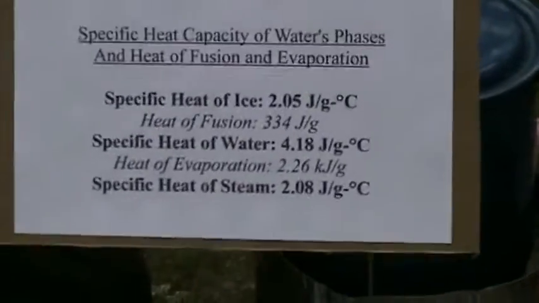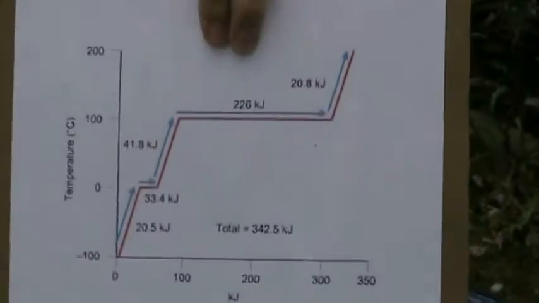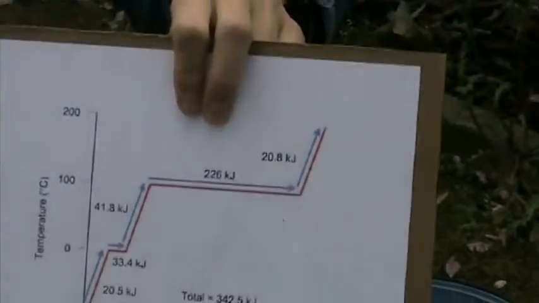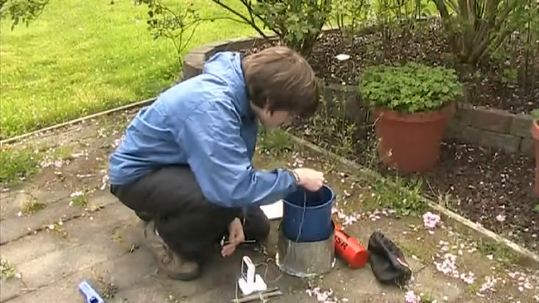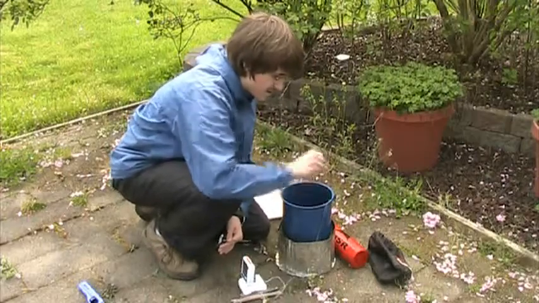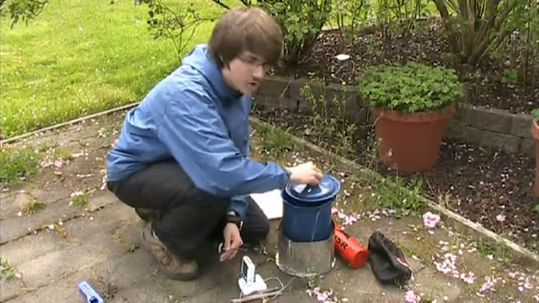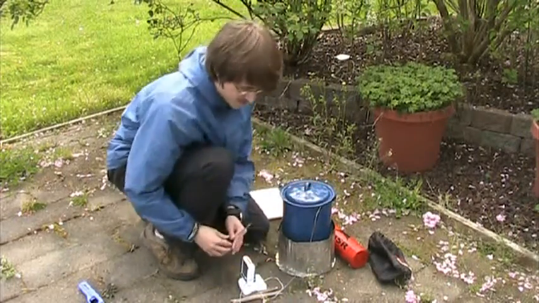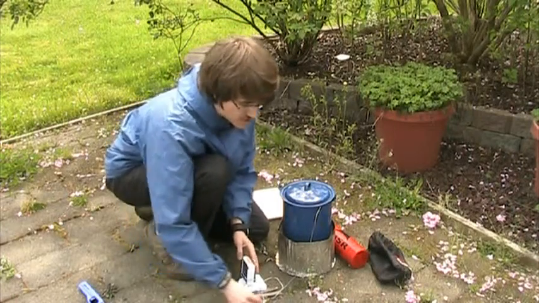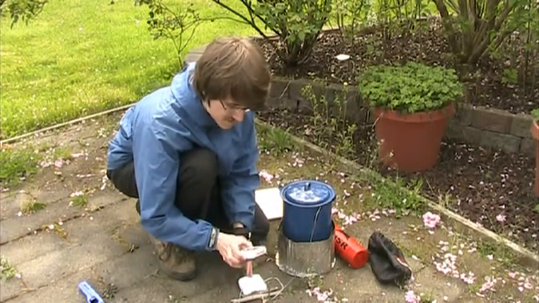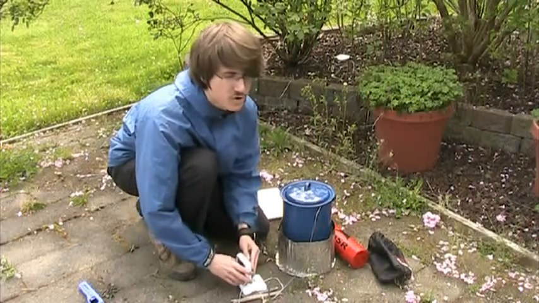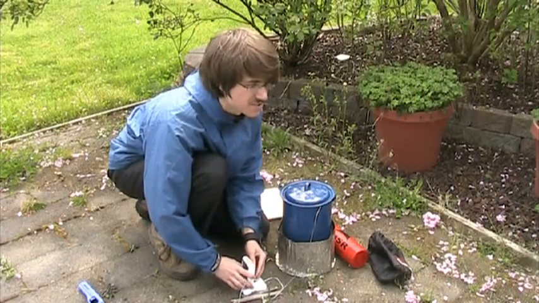So that's a pretty high number, but vaporizing it will be much more energy intensive. Alright, it's almost all melted now, so we're pretty much heating water at this point. The probe says the water's about 20 degrees Celsius.